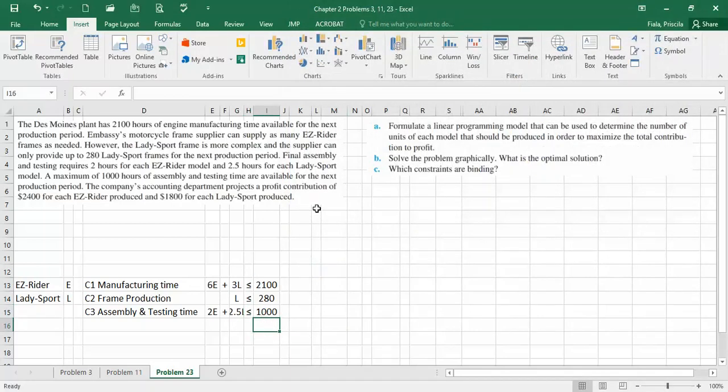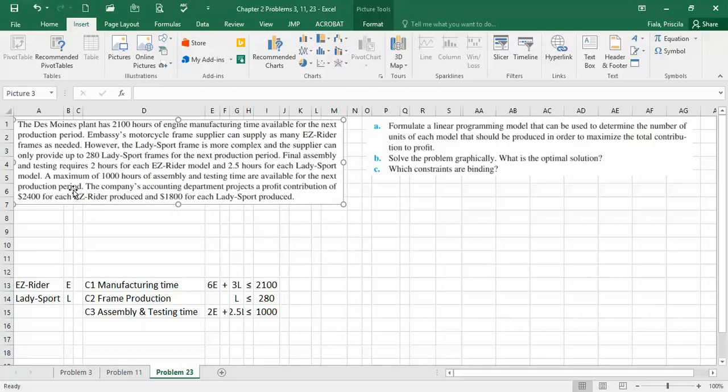Let's keep reading to see if we have any more constraints or anything else that we need here. The company's accounting department projects a profit contribution of 2,400 for each Easy Rider produced and 1,800 for each Lady Sport produced. So right there, they're projecting a profit.